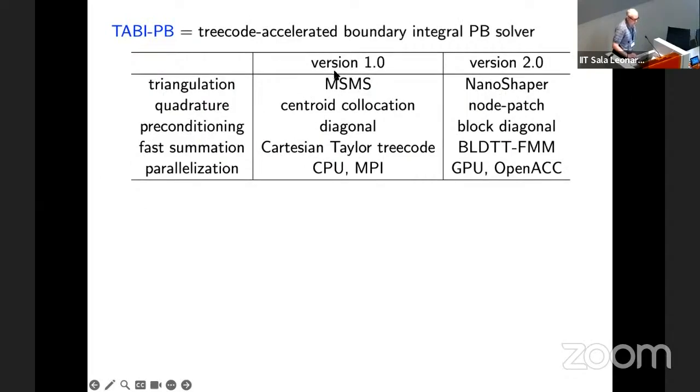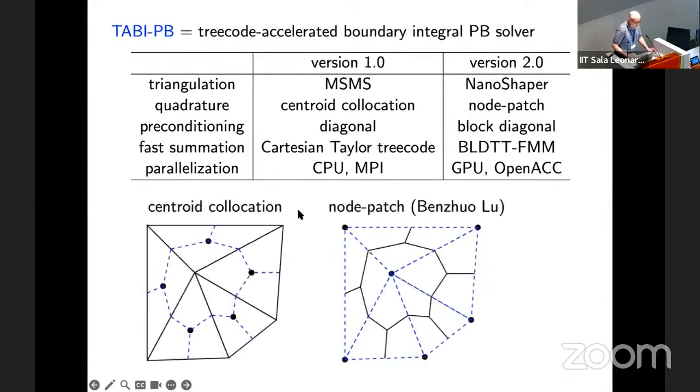Version 1.0 was with Weihua in 2013, and we were using the MSMS triangulation and centroid collocation. In the more recent version, 2.0, we now use NanoShaper. Instead of centroid collocation, we use a node patch scheme. We're going to illustrate that quickly over here.